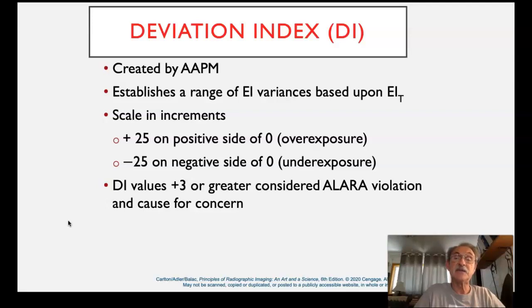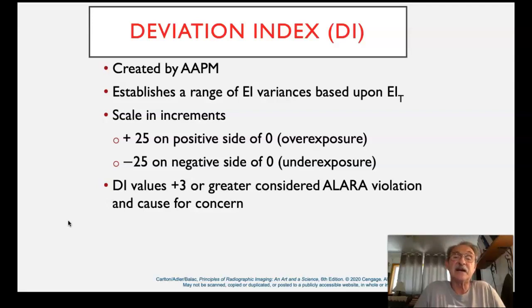Okay? With the center, perfect, at 0. So if you have a deviation index number of +1, then that indicates that you are about 25% overexposed. +2, 50% overexposed.